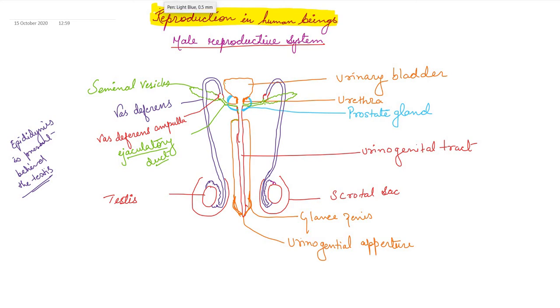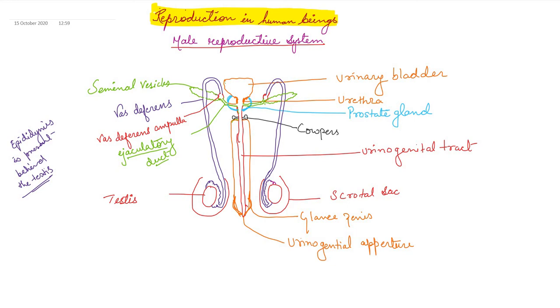Here at the base of the penis, a pair of glands is present on both sides, which is known as Cowper's gland.